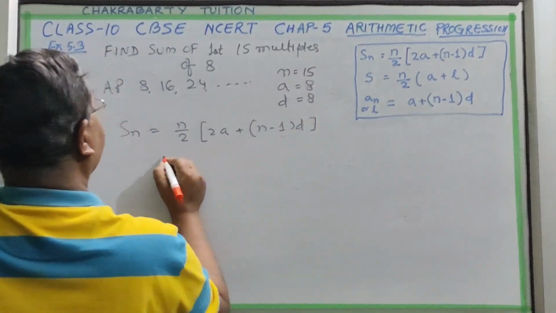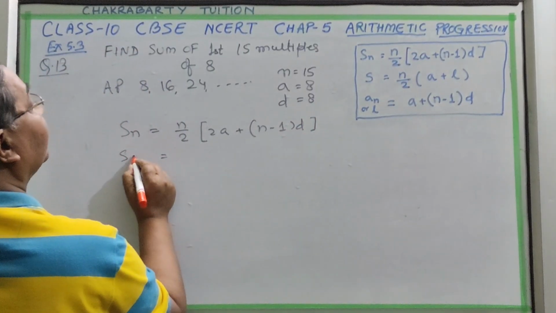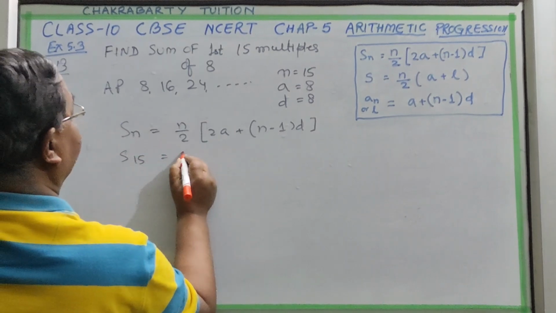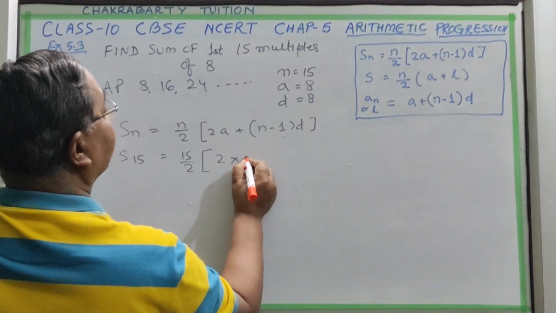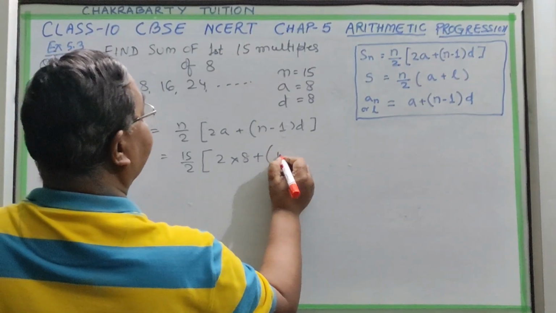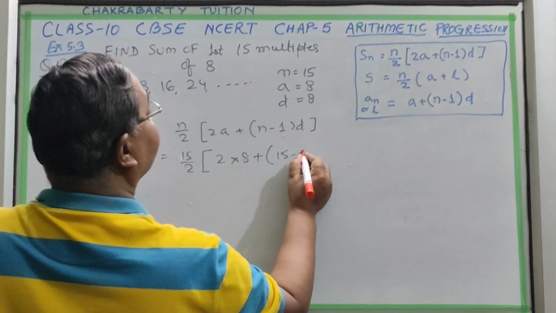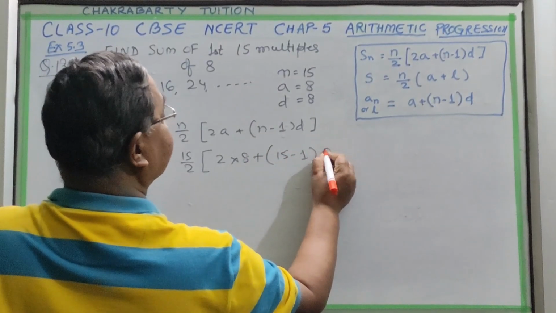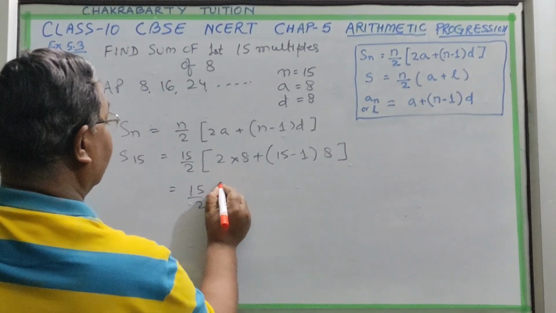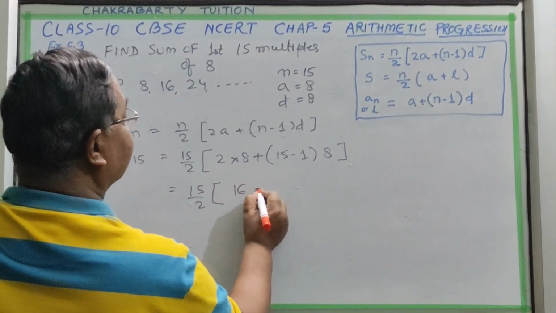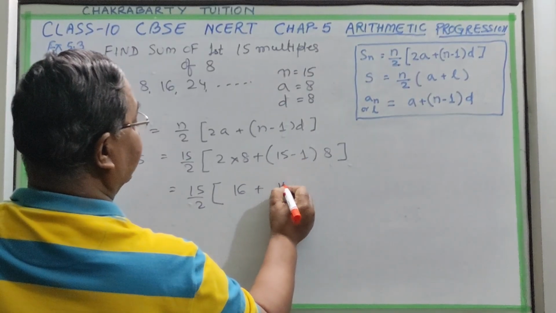So S15 is 15 by 2 times (2 into 8 plus (15 minus 1) times D, which is 8). So 15 by 2 times (16 plus 14 into 8).